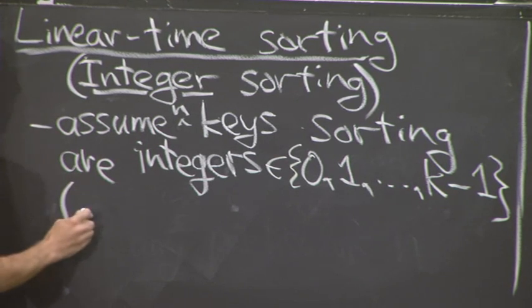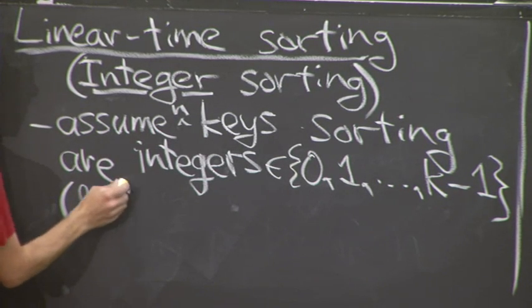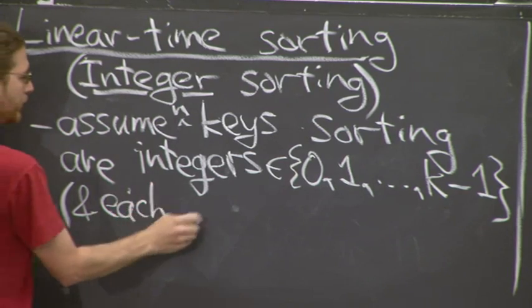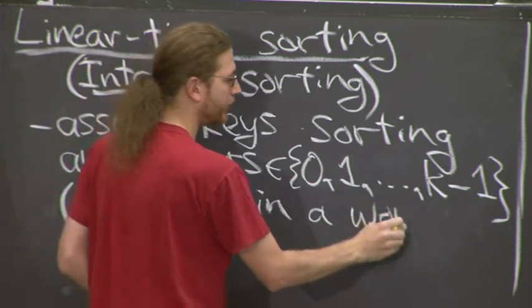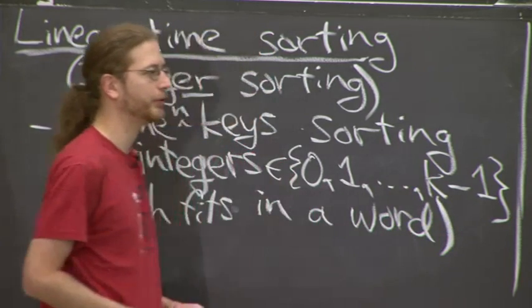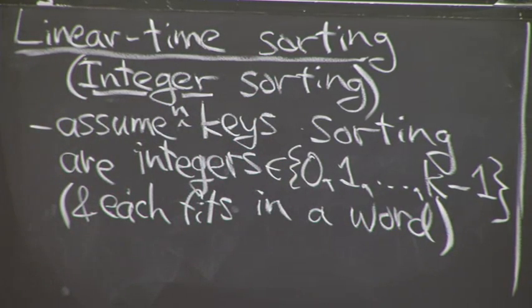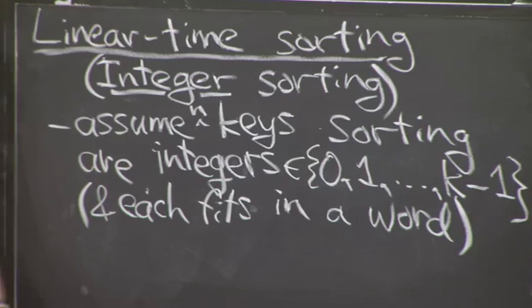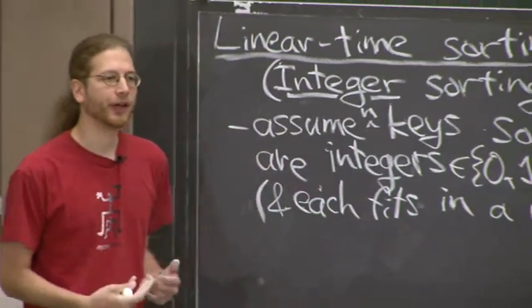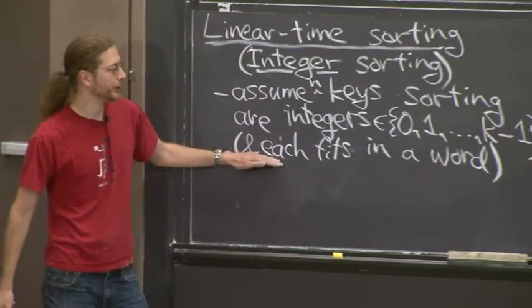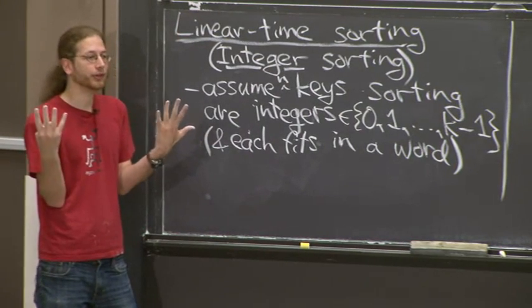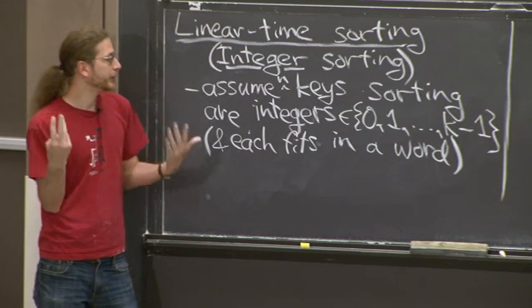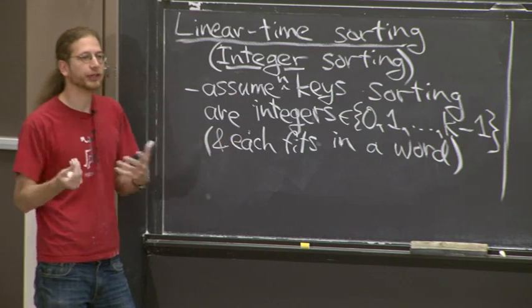And just for completeness, each fits in a word. Remember the machine word of your RAM machine? Words were the things that we could manipulate in constant time. Now, this is a very reasonable assumption because we've been assuming so far you can compare two items in constant time. To get that for integers, you need to assume that your integers are fitting in words.